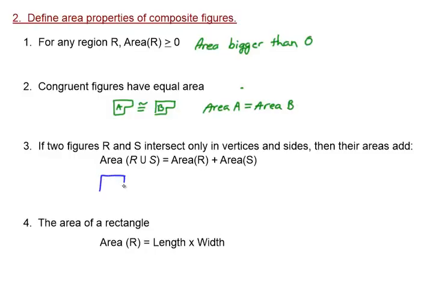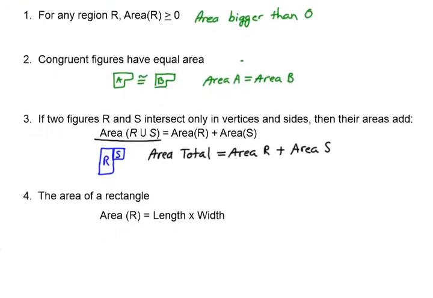If I have a figure, and I'll call this R, and I break this apart, and here's S, that's telling me that my area total, that's what this means, R union S together, is equal to the area of R plus area of S. So that's just what we got done doing. It's just we use different names. And the last one is the area of a rectangle is length times width, but that is something we all knew.